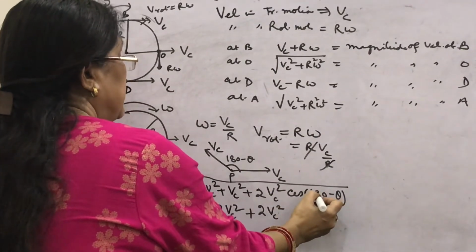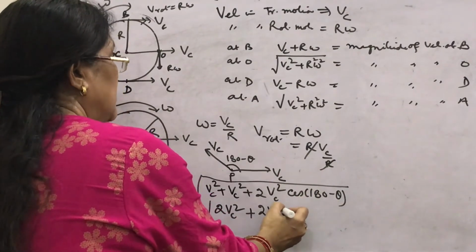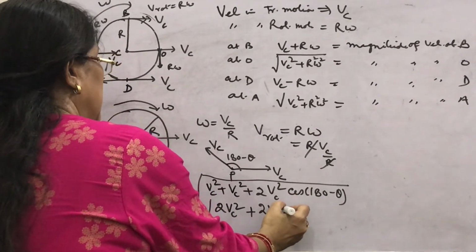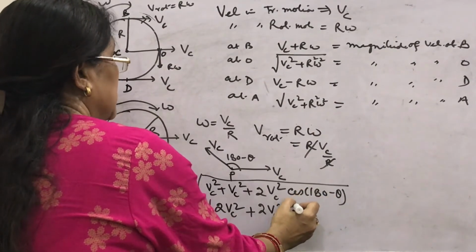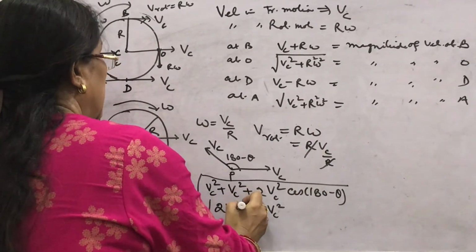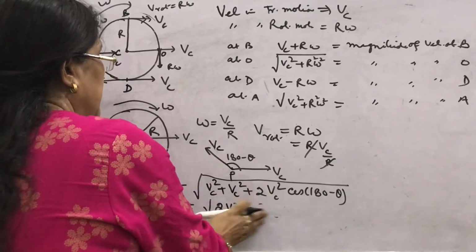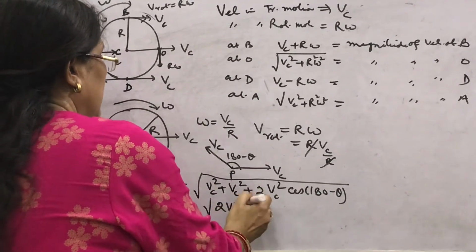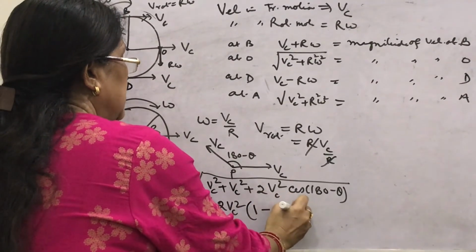What is cos 180 minus theta? You know, this is minus cos theta. This will be VC square plus VC square, 2VC square, and if you take 2VC square common, you will get 1 minus cos theta.